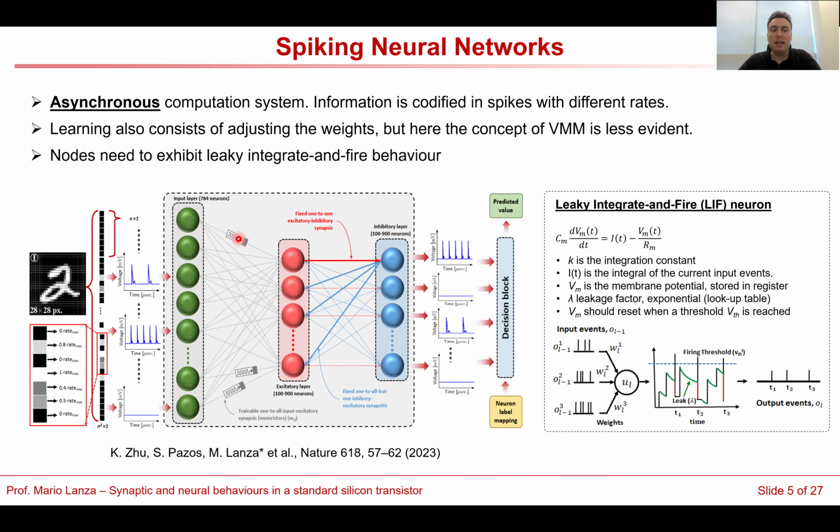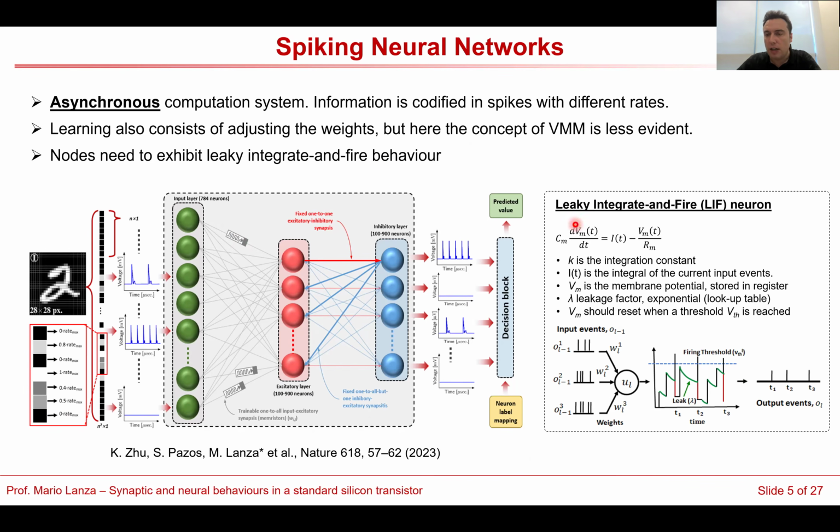So in this case, these neurons or these nodes need to exhibit a very non-linear activation function, and also they need to show one dynamic learning function that is called leaky integrate and fire behavior.